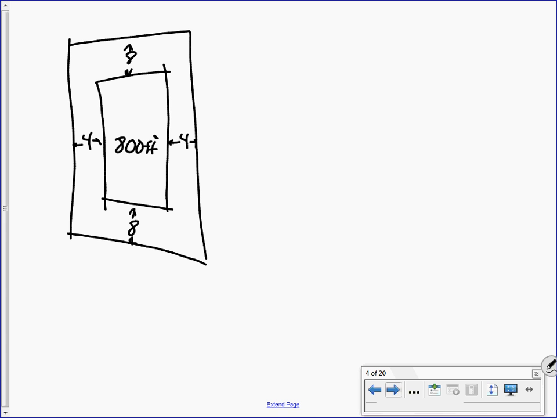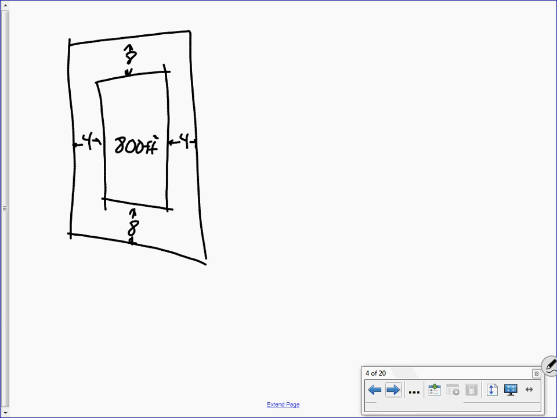We know the area of the actual pool water, but what we're trying to minimize is the amount of land used. The area of the water part of the pool is 800 square feet. We're trying to minimize the area of this big rectangle, including the pool and the decking.